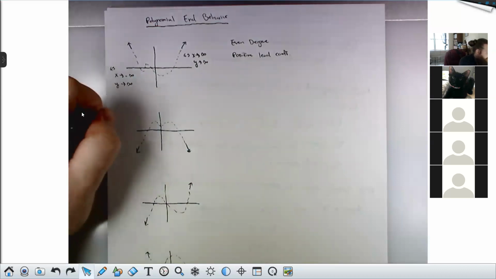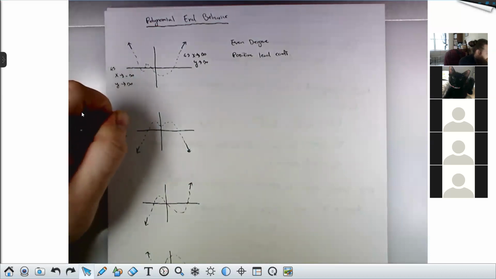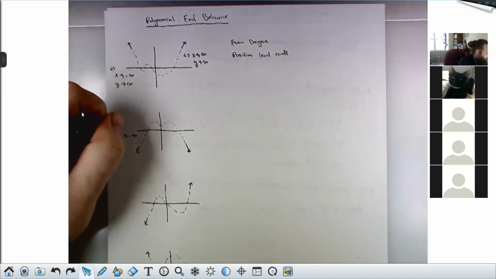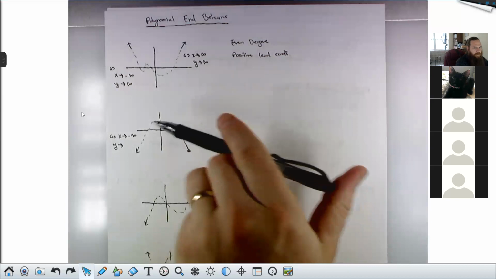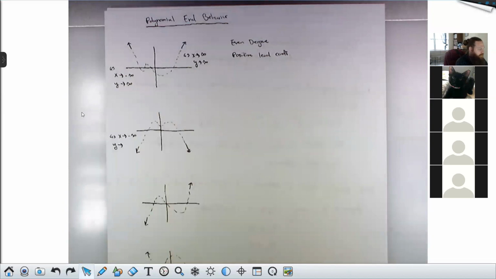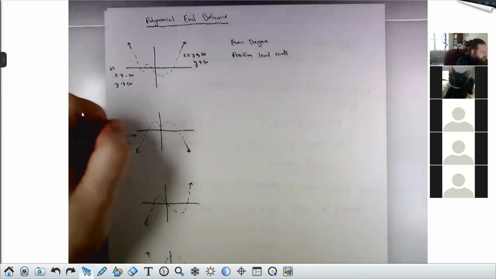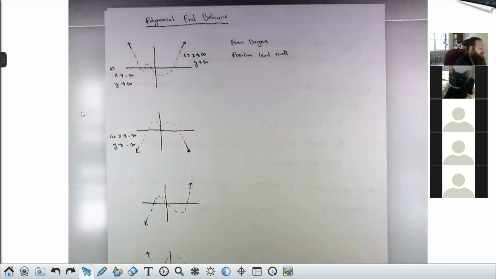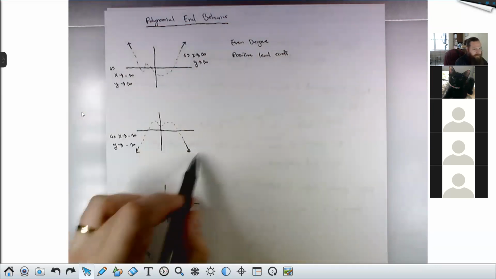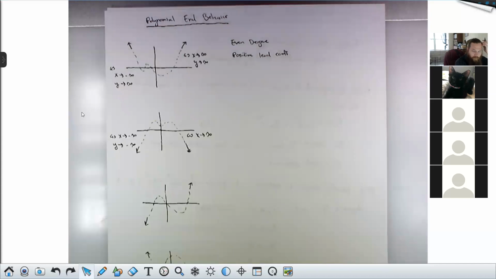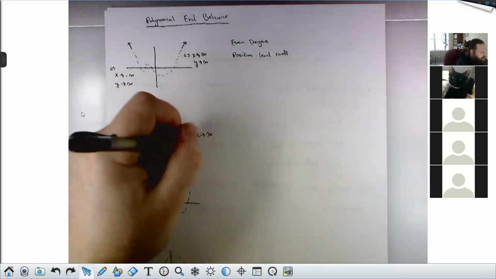I would say here as x goes to negative infinity, y is going down, right? As I wander really, really far to the left, as x goes to negative infinity, the y values are going down. So y is going to negative infinity. And this end behavior over here, I would say, as x goes to positive infinity, as I wander really, really far to the right, the y values are also going down.